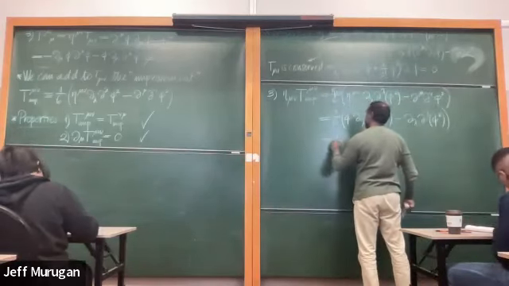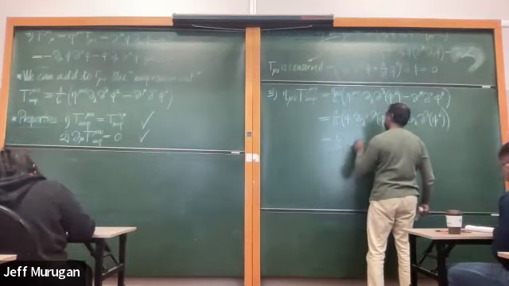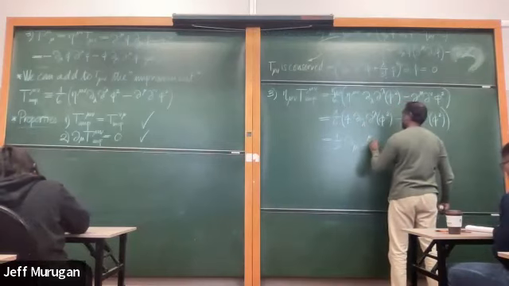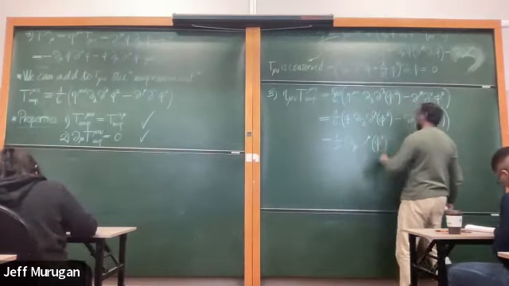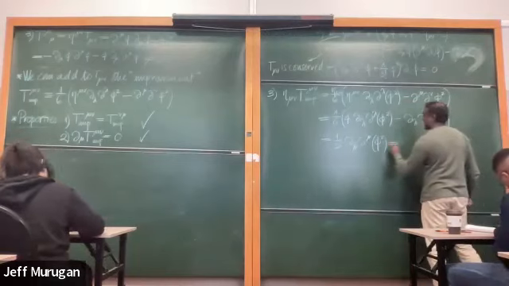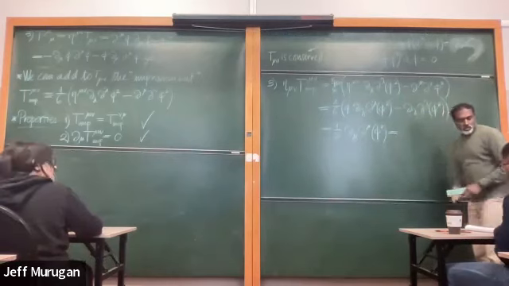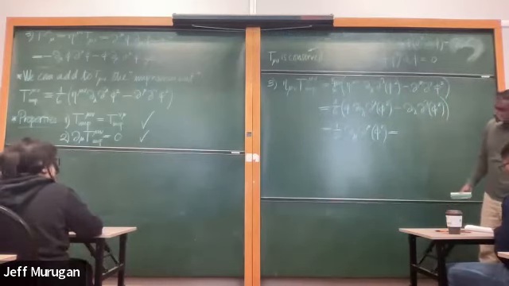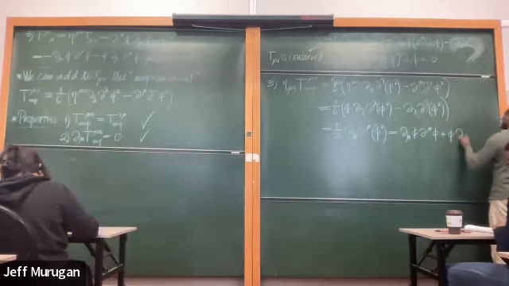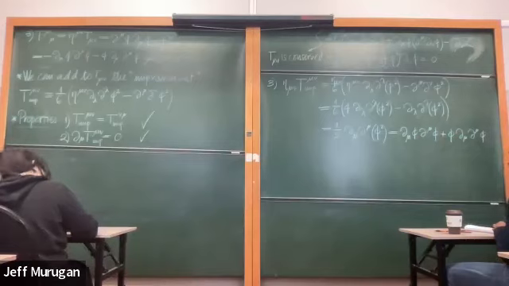It's half d lambda, let's say d mu of phi squared is just d mu phi d mu phi plus phi d mu phi, product rule.